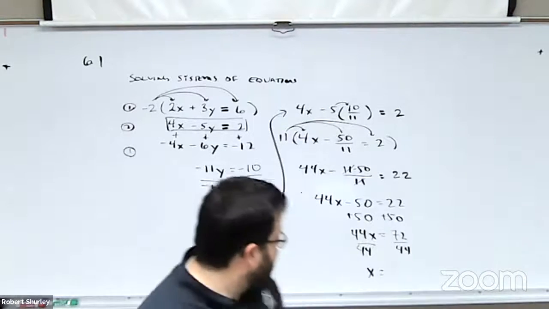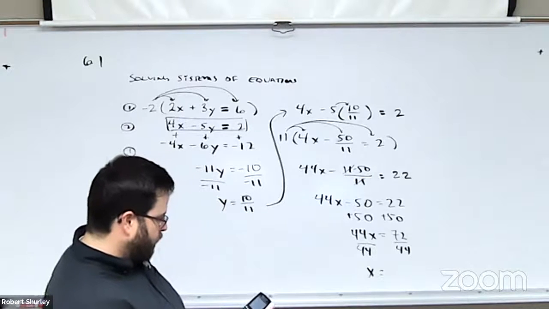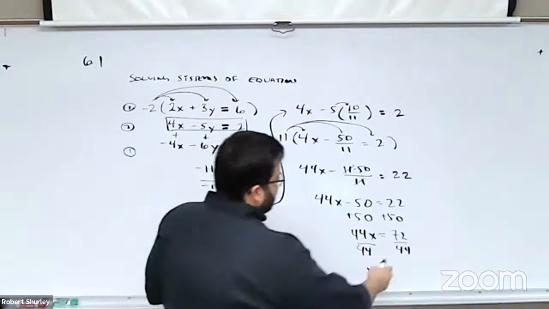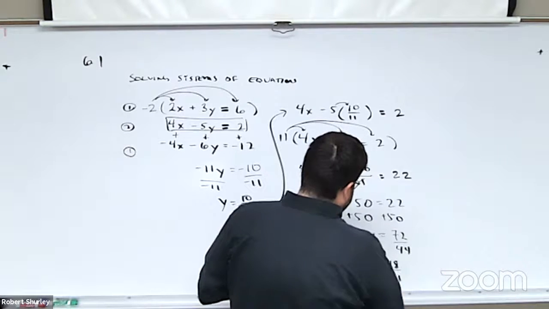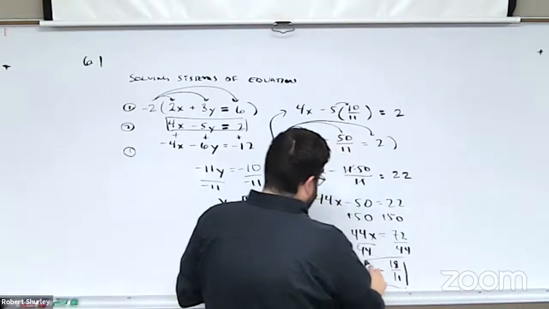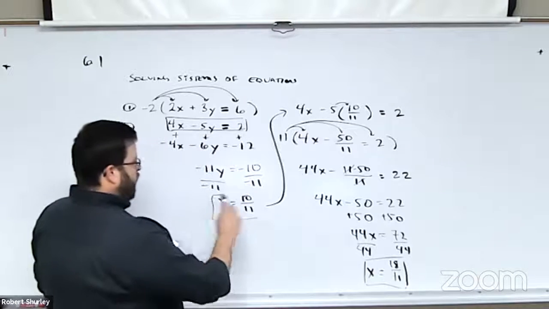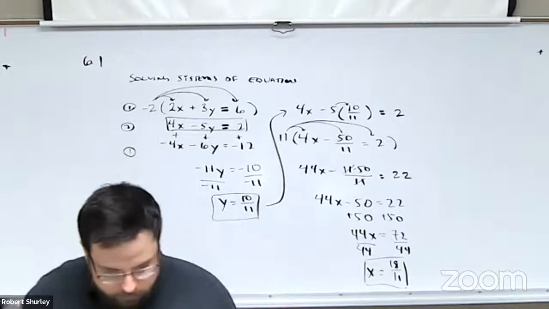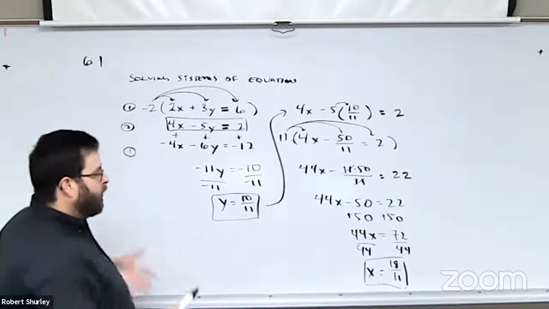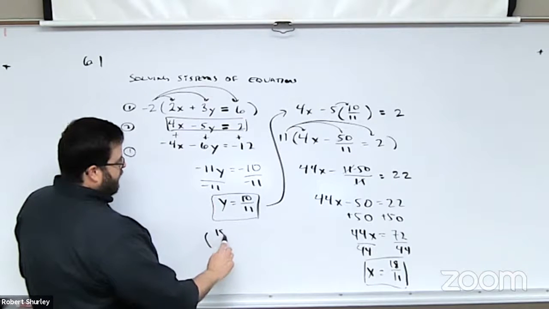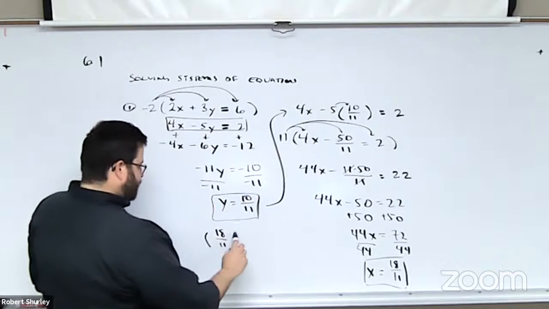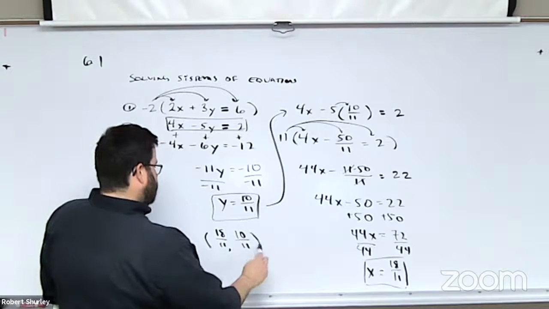I'm going to take my calculator out here. 72 divided by 4, that's 18. So both of these are divisible by 4. So we wind up with 18 over 11. Hey, there we go. That's our solution. Really, I should say solutions, but that's our solution. If you want to write it as a coordinate, it's 18/11ths and 10/11ths.